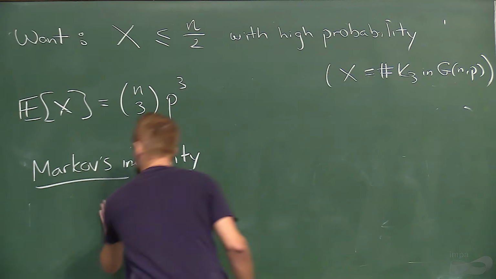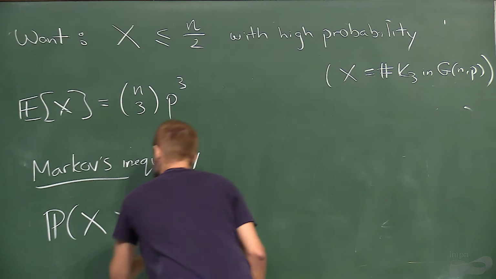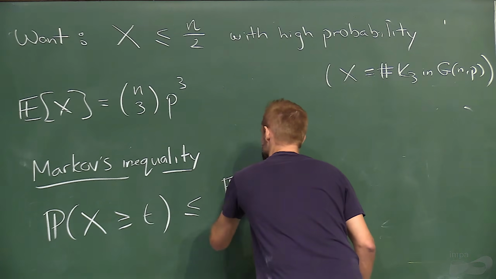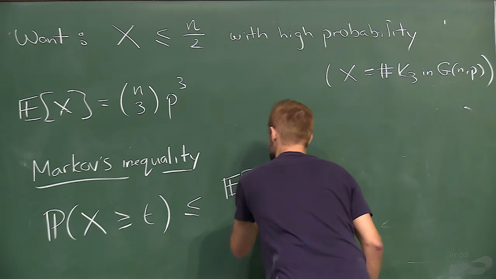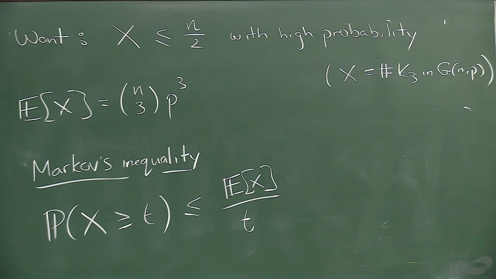What does Markov's inequality say? It says the probability that X is at least t is at most the expectation of X divided by t. This is true for any random variable which only takes non-negative values.